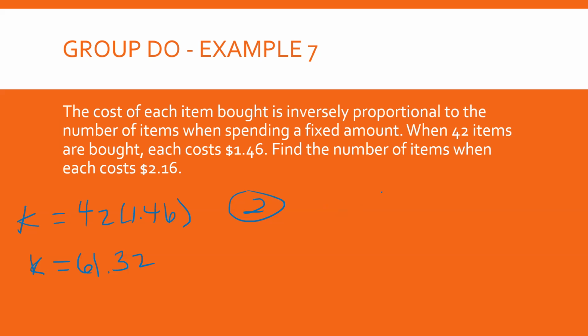It's kind of weird how it's given me. So we're going to do X's and Y's. Y equals our K, which was 61.32 divided by our X. So we're solving for our items. So we know the items when the cost is 216. We're looking for items when the cost is 216. So we have 216 equals 61.32 divided by X.